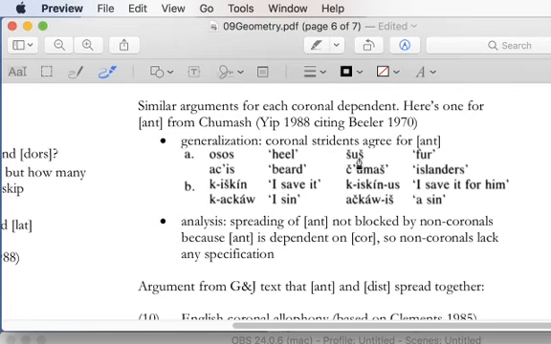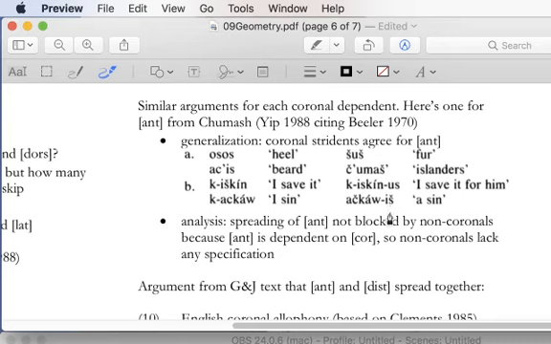Similarly, you can have different kinds of inflection here. If we take this verb form, kishkin, and add a suffix to it that has a plus anterior strident in it, this us suffix, we see that the sibilant fricative in the root here changes from minus anterior in its underlying form to plus anterior.